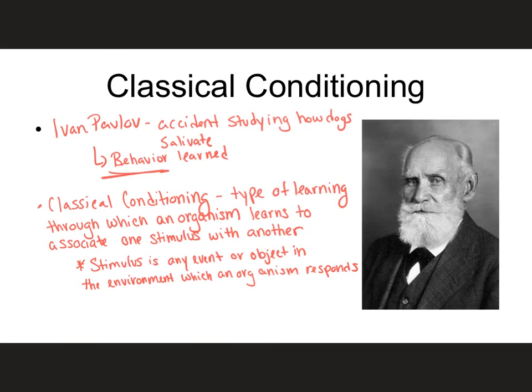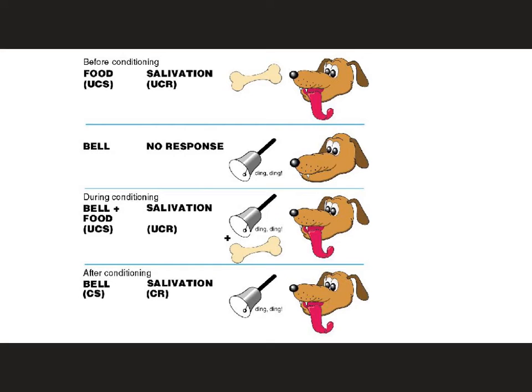How did this happen? He realized that every time the people who came in to feed the dogs entered the room, even when they just entered the room, the dogs would get excited and salivate, which he thought was fascinating. He realized the dogs must have learned that these people mean food. So he decided to run a study. He gave the dogs food, which we call the unconditioned stimulus.